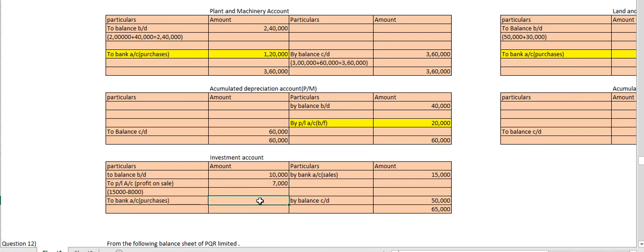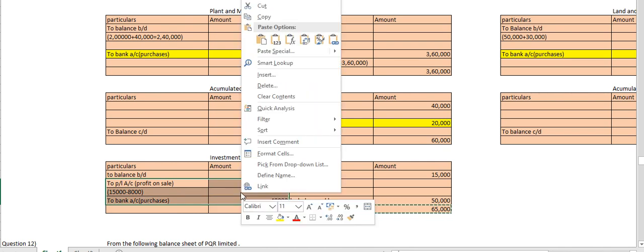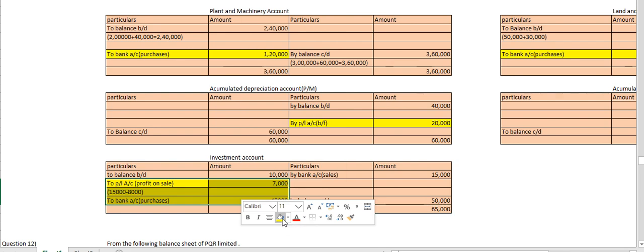So the balancing figure is 65,000 minus 17,000, which you will get 48,000. So the total of your debit side is equal to the total of your credit side. So this will be taken in your profit and loss adjustment account and in your fund flow statement respectively.